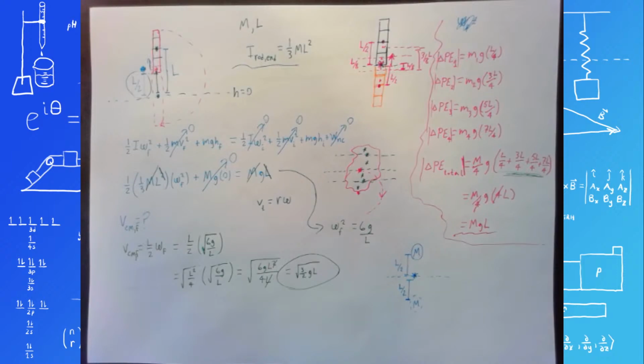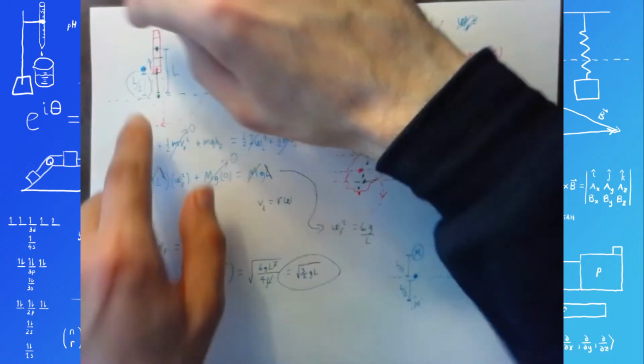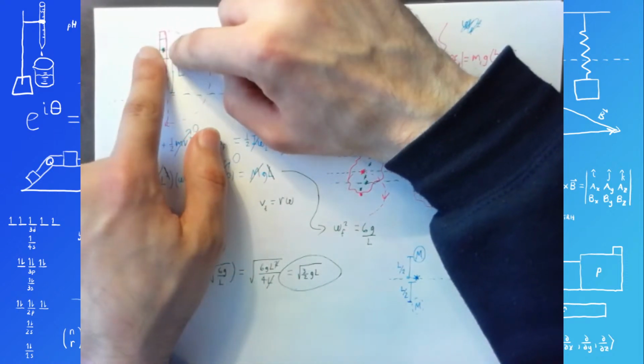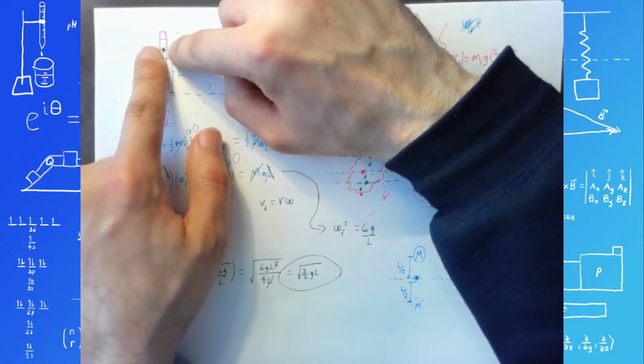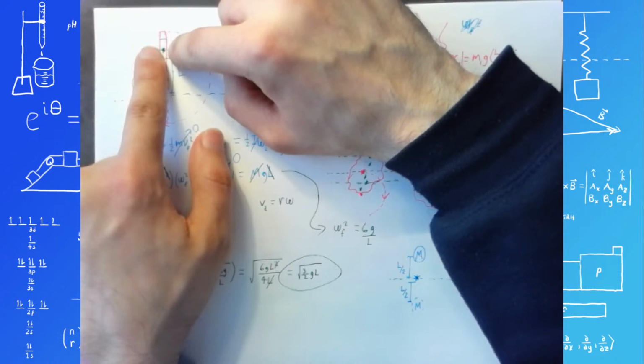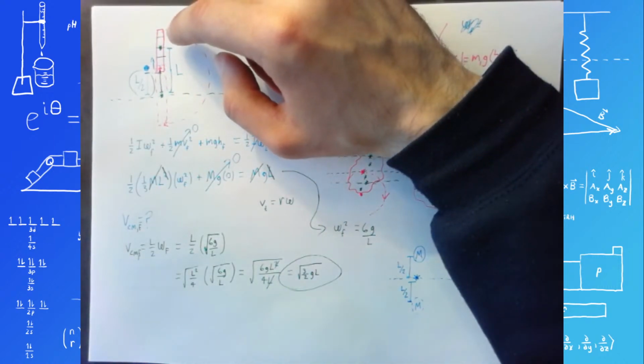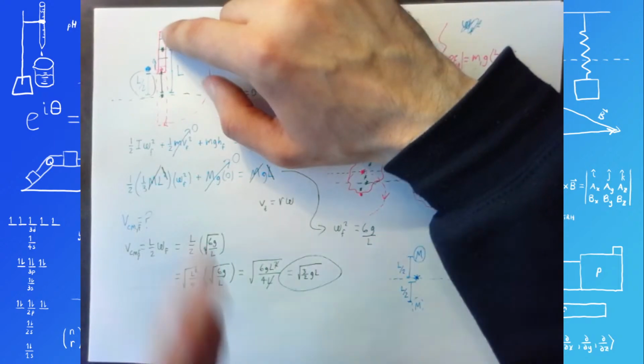If I chop this rod into pieces, you can't just put all the pieces at the center and say that they all move at some average speed. You can't use the average speed to calculate the average kinetic energy of those pieces.